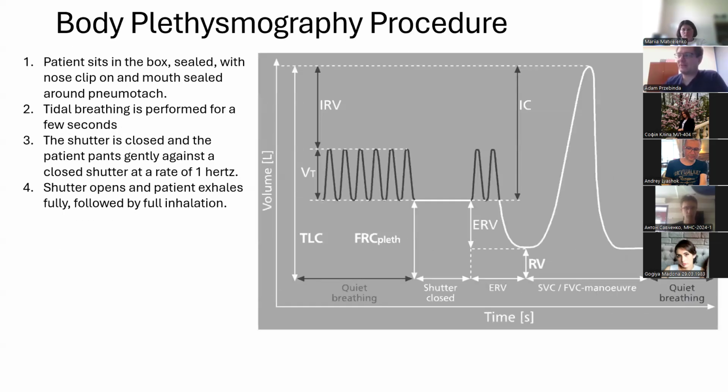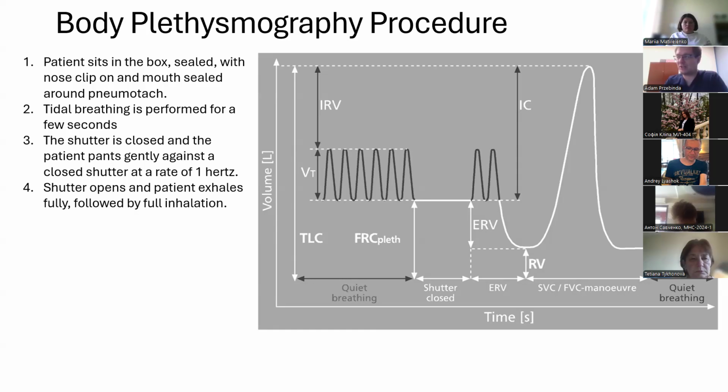So going back to the procedure again, the patient sits in the box, it is sealed, there is a nose clip, and the mouth is sealed around this pressure sensor. The patient breathes in and out slowly. And then at this FRC point, which again is the most reproducible point, the shutter is closed and the patient pants against the closed shutter. This panting maneuver causes the chest to rise and fall slightly, and the volume of the chest rises and falls slightly.